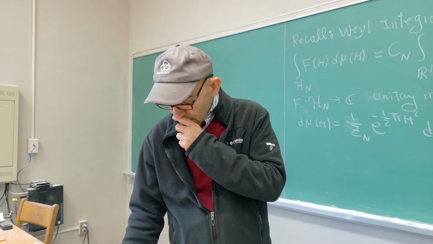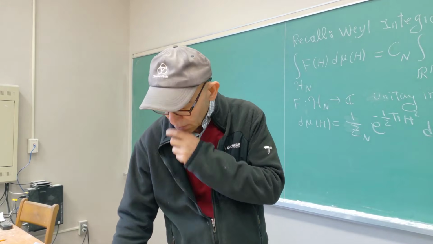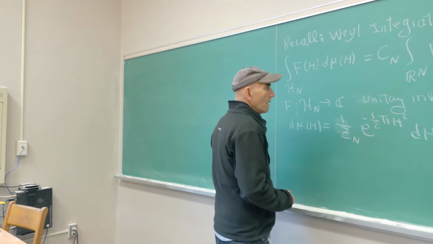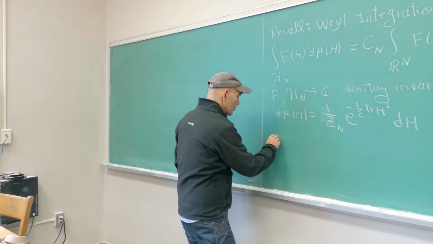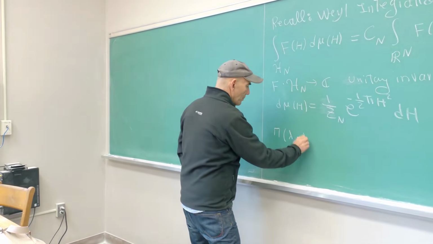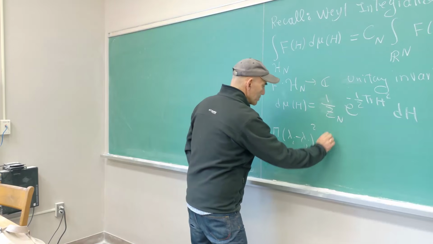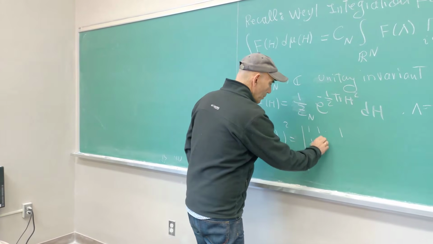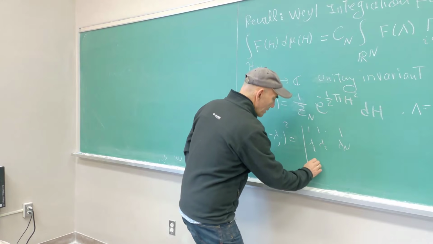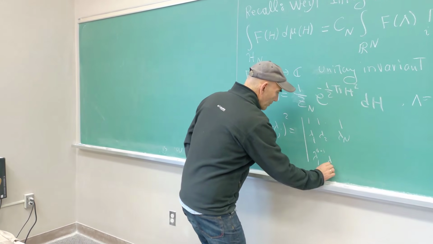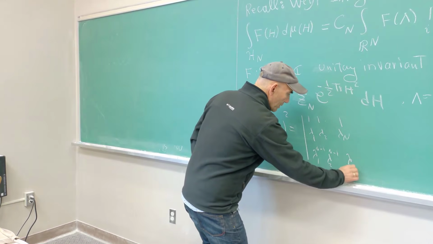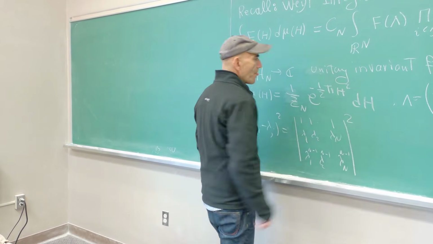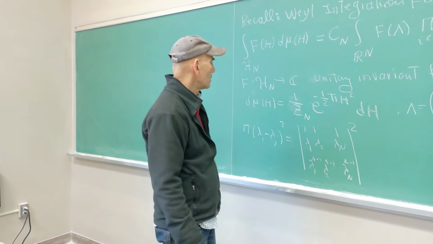As I said, we know that this product of (lambda i minus lambda j) squared is just the determinant of the Vandermonde matrix squared: rows 1, 1, 1; lambda 1, lambda 2, lambda n; up to lambda 1 to the n minus 1, lambda 2 to the n minus 1, lambda n to the n minus 1, all squared.